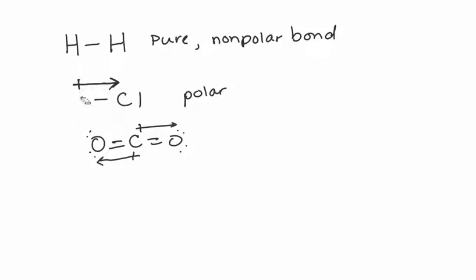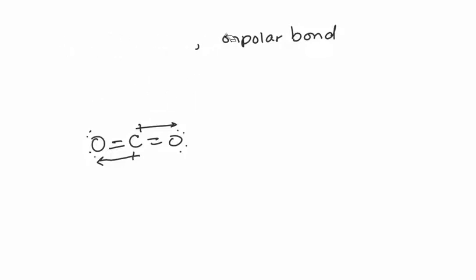With carbon dioxide, what we have is a linear molecule. And because these oxygen atoms are equal and opposite poles away from carbon, and we have 180-degree bond angles here, these oxygens are pulling equal but opposite. So this is a non-polar molecule that has polar covalent bonds.